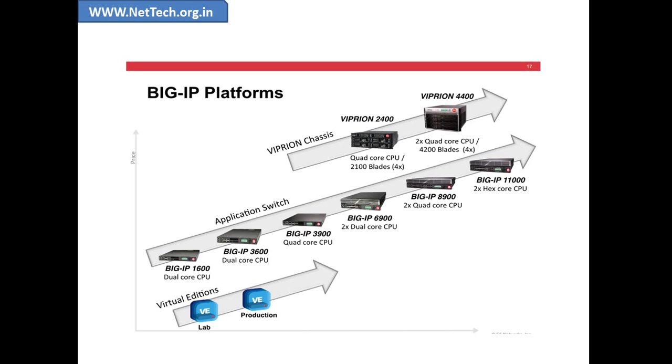A single chassis can have more than one blade and they are all hot swappable, so at any point of time if one of the blades goes down or becomes unresponsive, the faulty blade can be replaced with a new one without disturbing traffic. So basically VIPRION chassis is a fully redundant solution provided by F5.